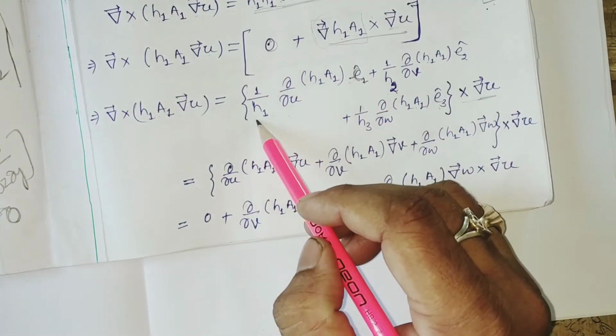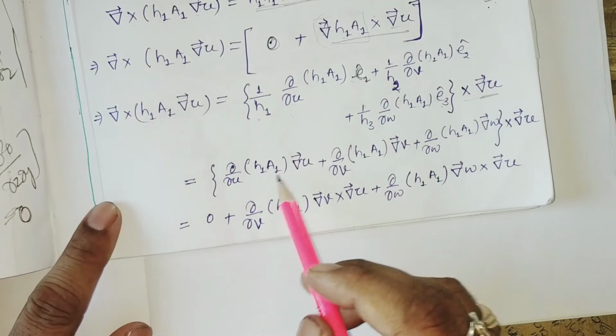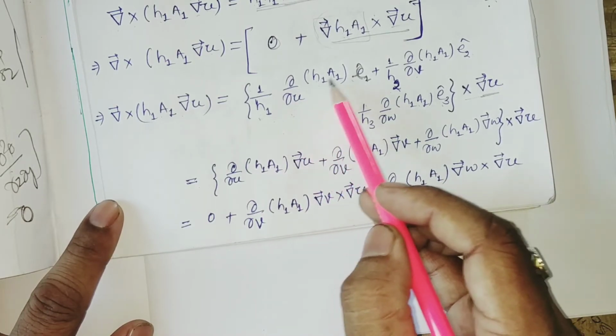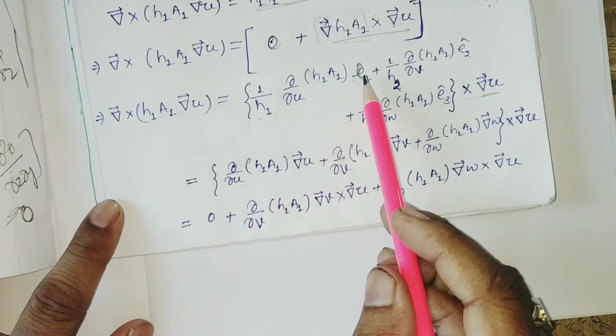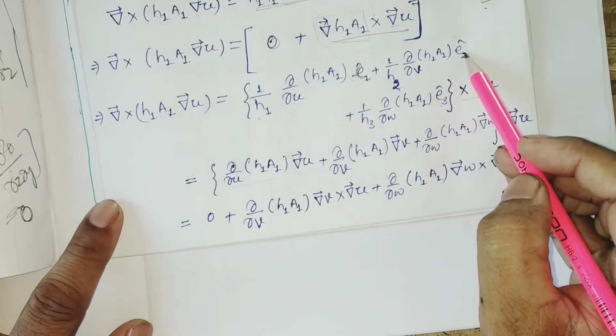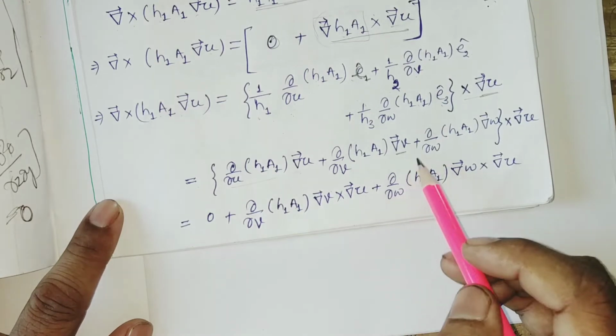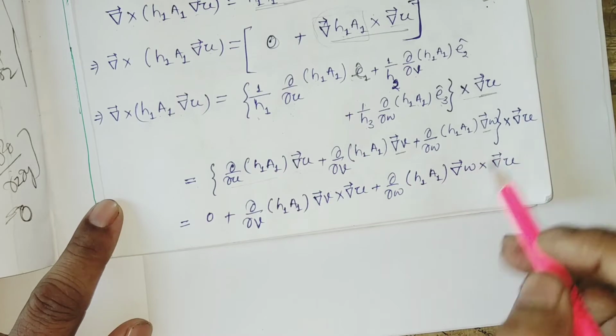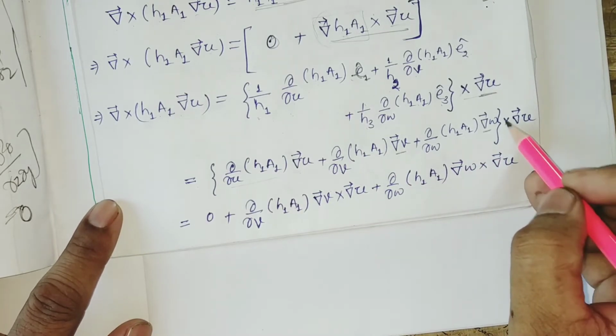So here e1 cap by h1 can be written as del u, so del by del u of h1 a1 times del u. Likewise, e2 cap by h2 will be del v, e3 cap by h3 del w, we can write, cross del u.